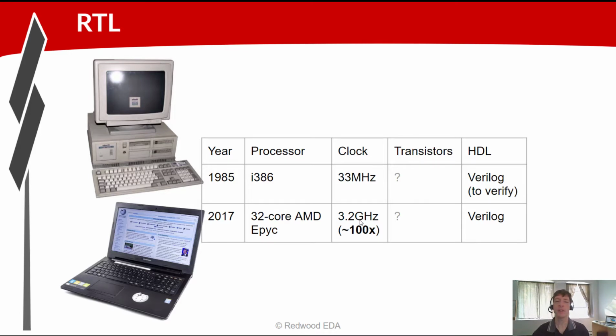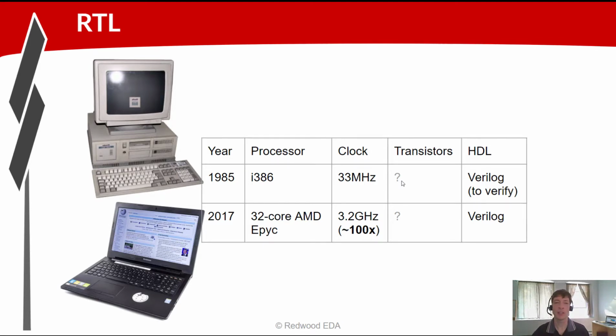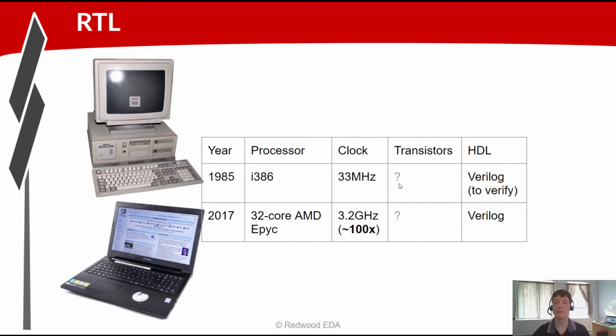So this is 100 times faster. The clock is running at 100 times the frequency. That means in a single clock pulse in 1985, we have 100 clock pulses in 2017, right? It's hard to imagine the clock running that much faster. Transistor counts. Think about what you think the delta is between 1985 and 2017.